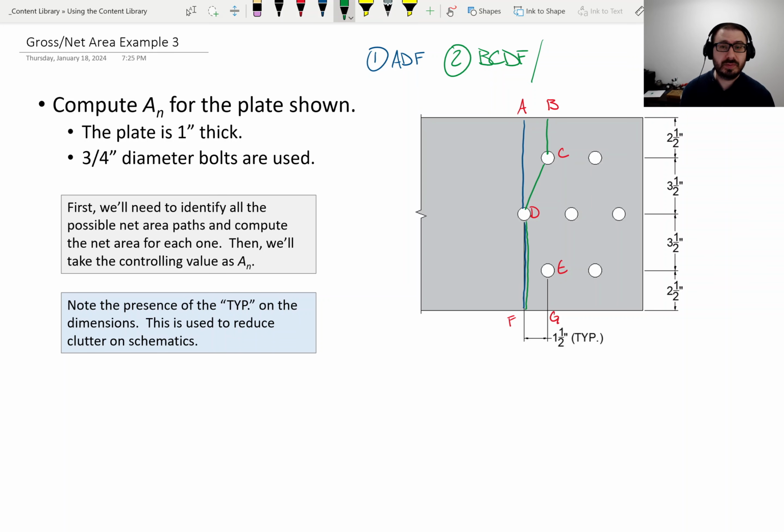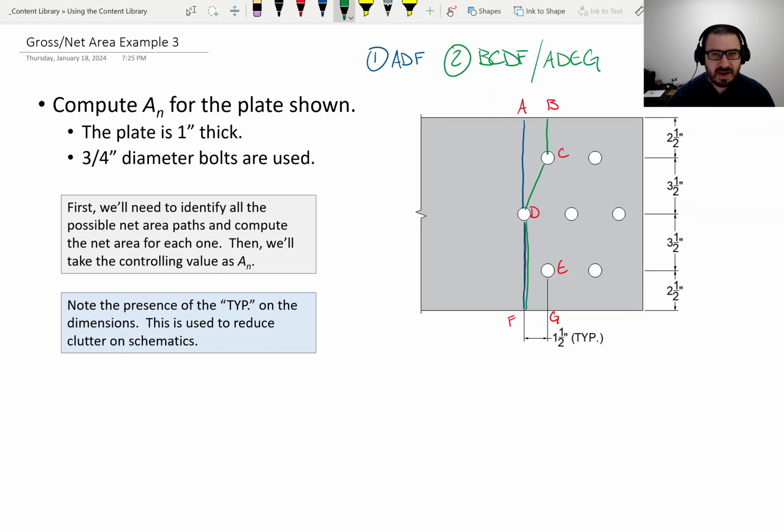There are real examples where that isn't the case, a good example being stagger across angle legs, which we'll look at a little later. But whenever we have symmetry and can exploit it, we usually do. My overarching point is, if BCDF is a path, then the other path that corresponds to that is A, D, E, G.